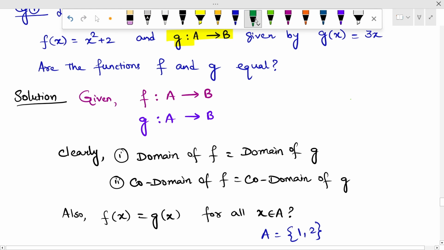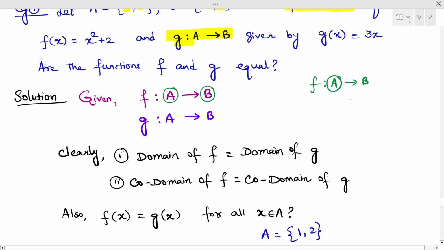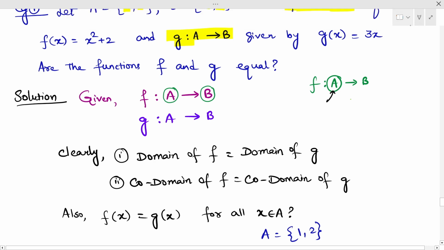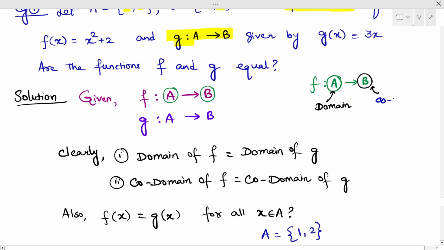See, given that f is a function from set A to set B, we have discussed this earlier, that if f is a function from set A to set B, then this set is called what? Yes, this set A is called the domain of the function f, right? And this set B is called what? This set B is called the codomain of the function f, right?